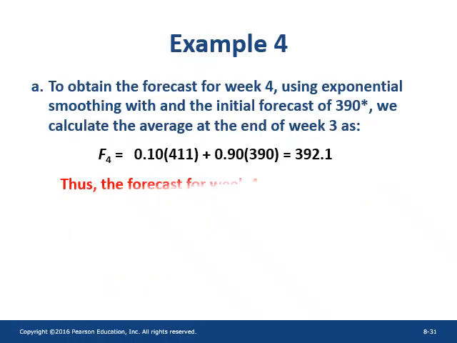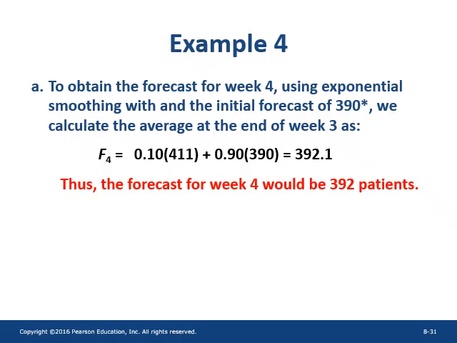So the forecast for week 4 using exponential smoothing is going to be 0.1 times the actual demand plus 0.9 times the forecast. When we plug those numbers in, we end up with an arrival forecast of 392 patients. We said on the last slide that the actual arrival rate was 415.